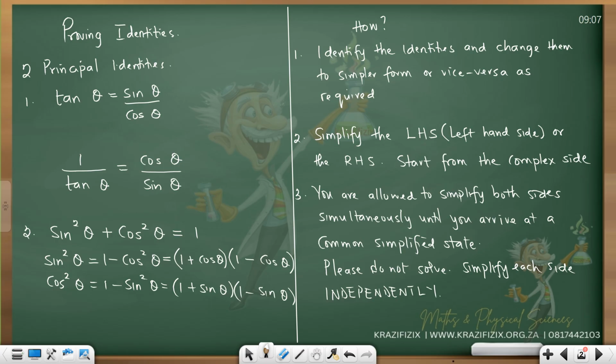Are we okay with those steps, please? I hope we are okay with those little steps. Very, very important.